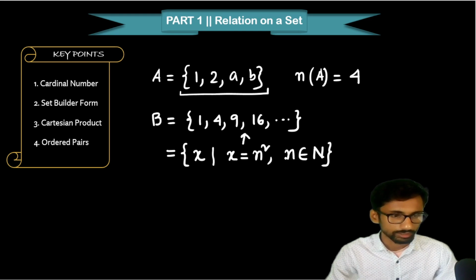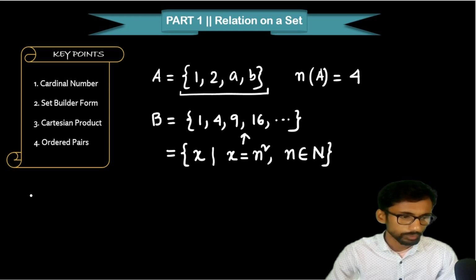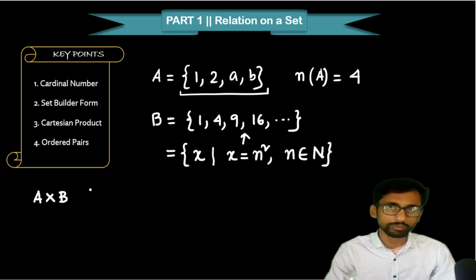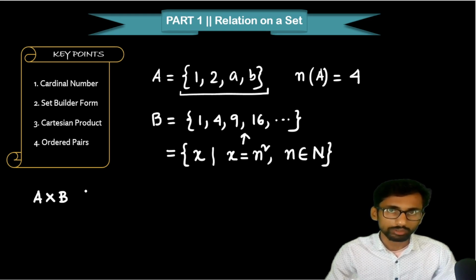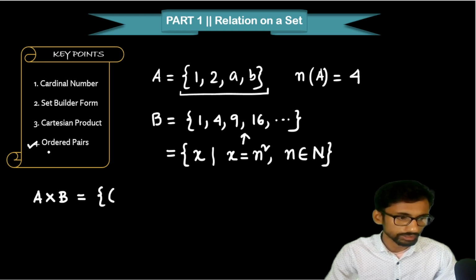That's it. Now the next topic is Cartesian product. Product means multiplication, and here we are considering the product of 2 sets. Sometimes we call this a power set. The Cartesian product of 2 given sets is written in terms of ordered pairs, that is the 4th point.